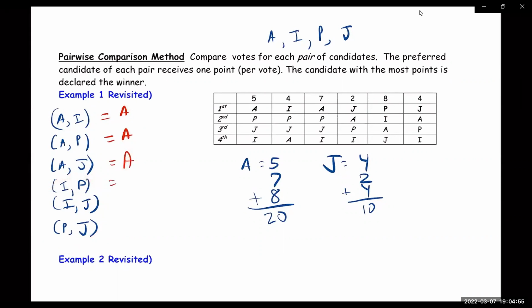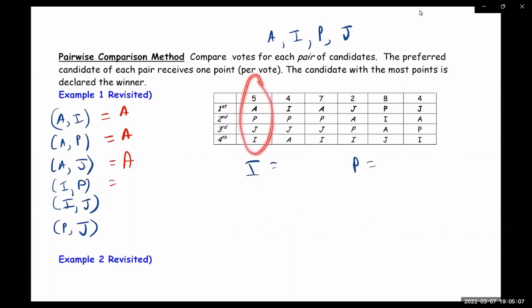So now we're getting into the other letters. So now the other letters have a chance to get points. So I and P. So who wins this one? P. The second one, I. Third one, P. Fourth one, P. Oops, put it on the wrong one.